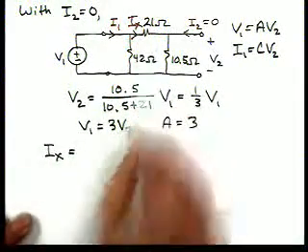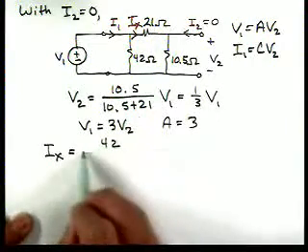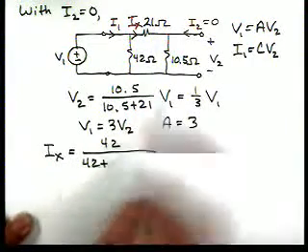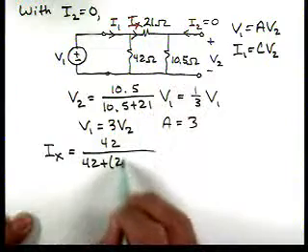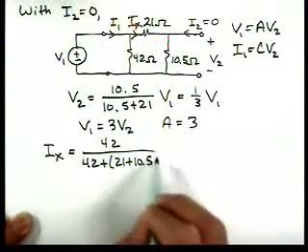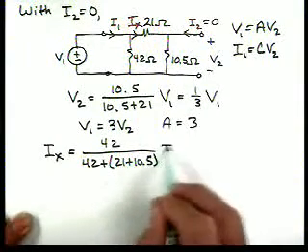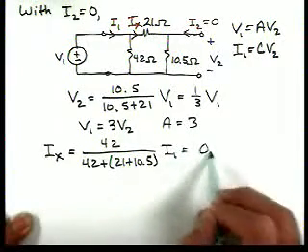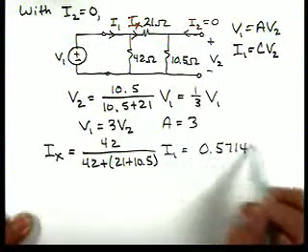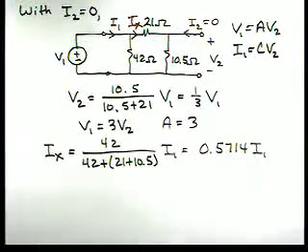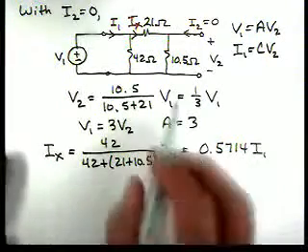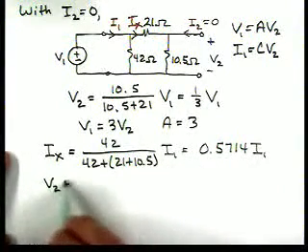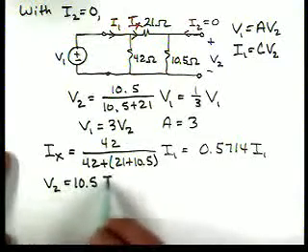We want the current through here, so we'd have 42 over 42 plus the series combination, 21 plus 10.5, times I1. So that's 0.5714 times I1. And if we look by Ohm's law, V2 is 10.5 IX.